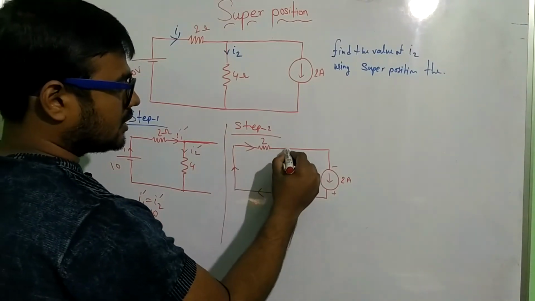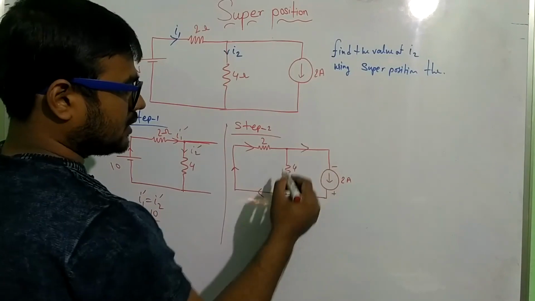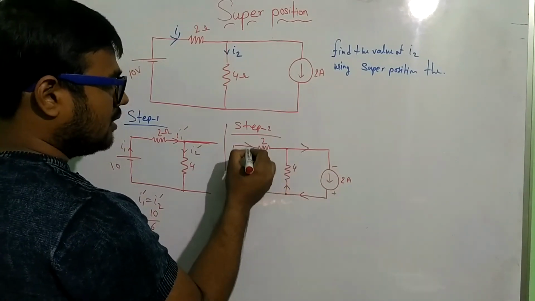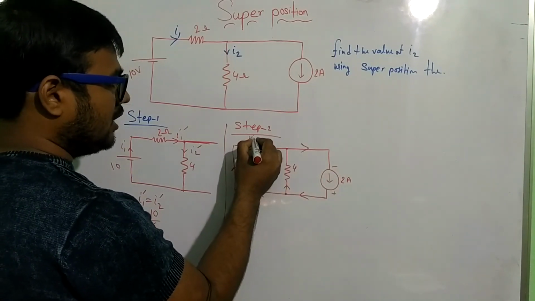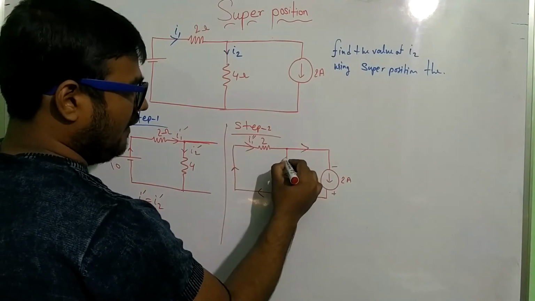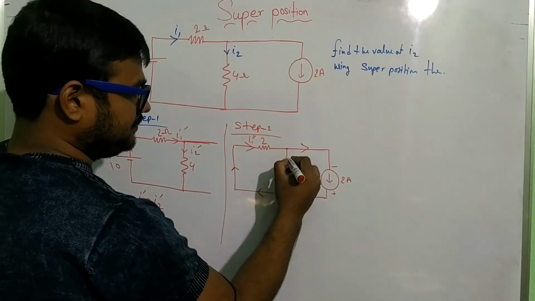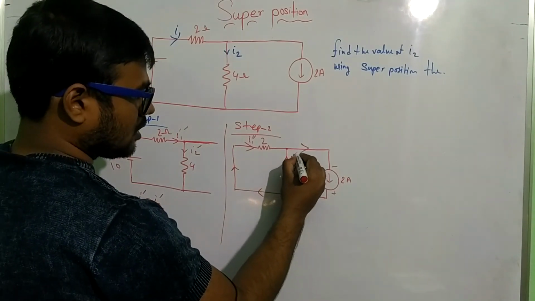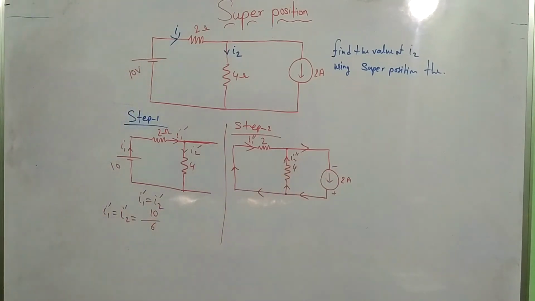Okay, and here, what is the value of this current? I1 double dash, and this is I2 double dash.